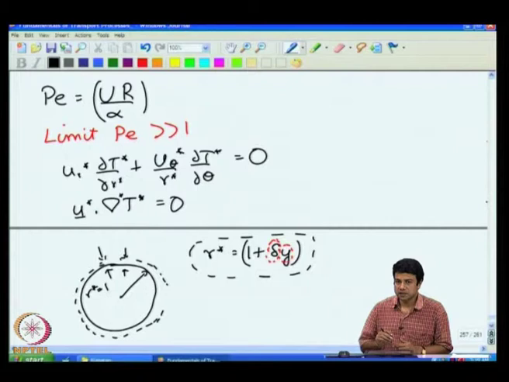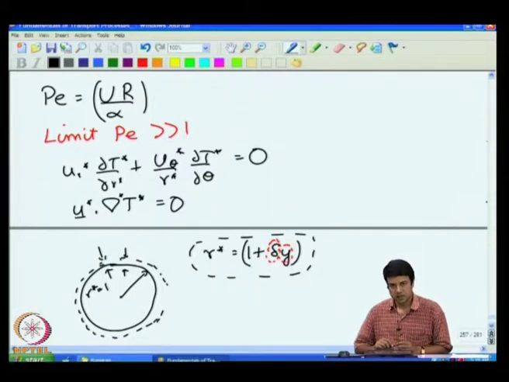The boundary layer thickness becomes smaller and smaller, and as it becomes small, the gradients in the temperature field become large, and at some point there will be a balance between convection and diffusion when the boundary layer thickness is sufficiently small. Okay.